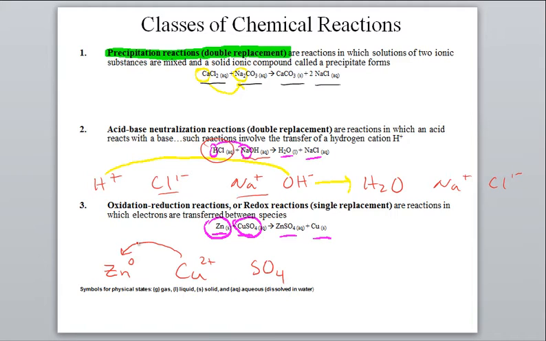Anytime there's a transfer of electrons from one chemical to another, it's called a redox reaction. In this particular example, it's a reaction between a metal and a metal cation. It doesn't have to be that way, but these are the type that we're going to learn about in this chapter. We'll learn about other types, but this is the particular type you're going to be able to predict if a reaction happens or not.